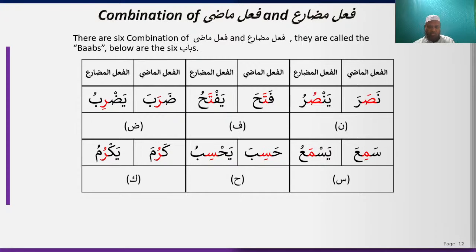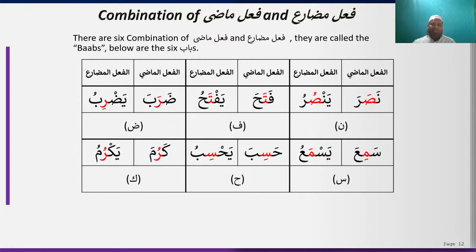For some fa'il you need to say what, and for some fa'il you need to say who. If the question is correct, that is fa'il al-muta'addi, and if the question is incorrect, meaning it doesn't make sense, that is al-fa'il al-lazim. I hope you understood how to find a fa'il lazim or a fa'il muta'addi.